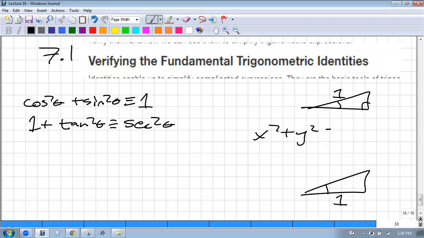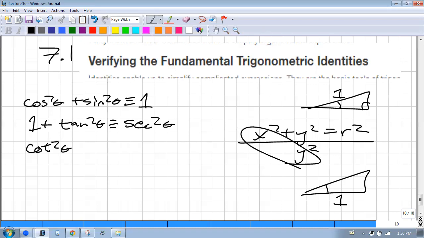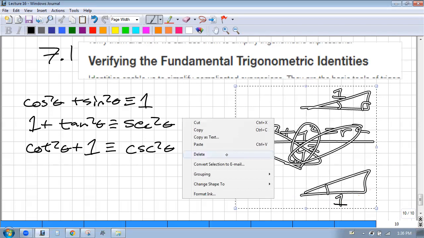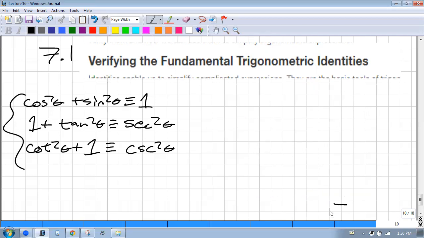Or we could have divided everything by y squared. X over y is cotangent, y over y is 1, and r over y is cosecant by our definition. So these were our three Pythagorean identities, okay?